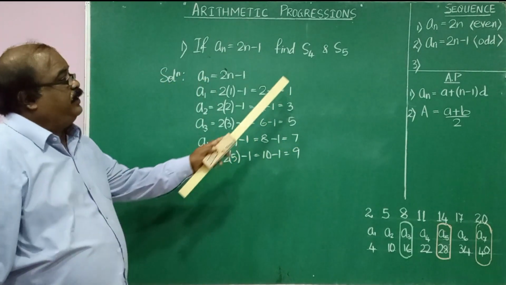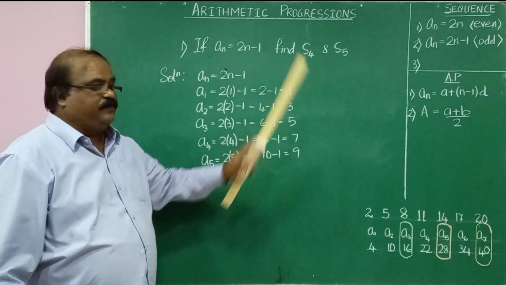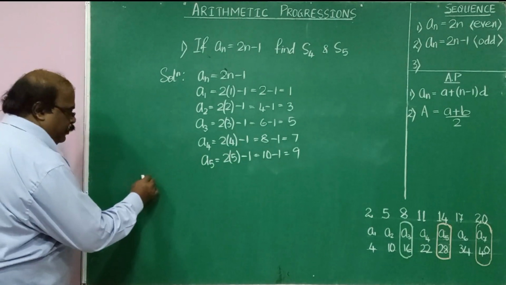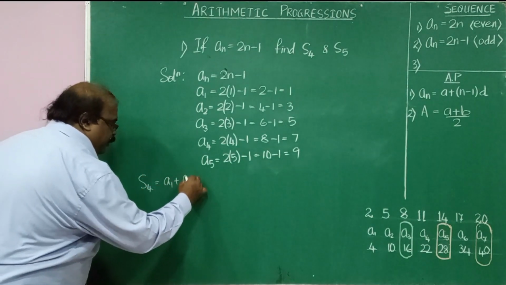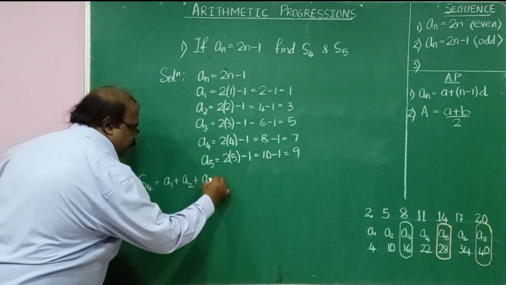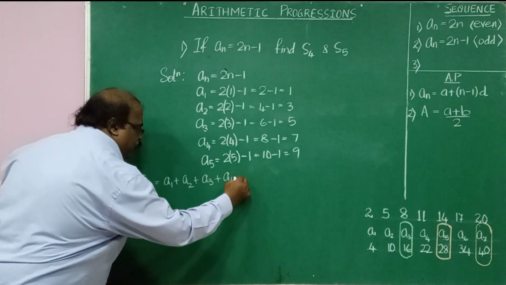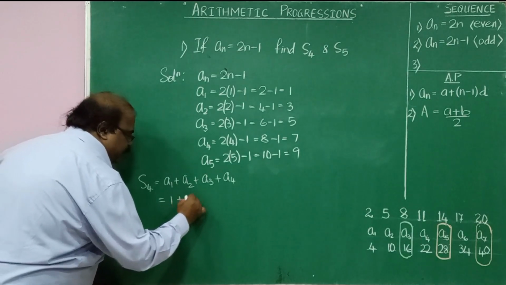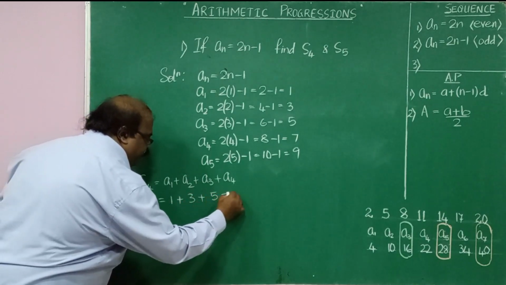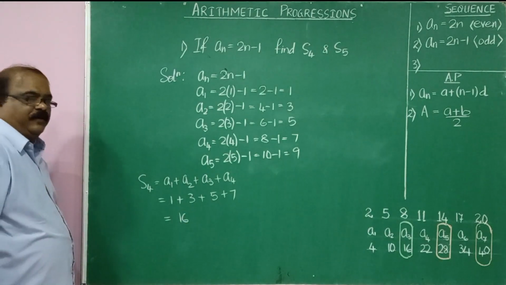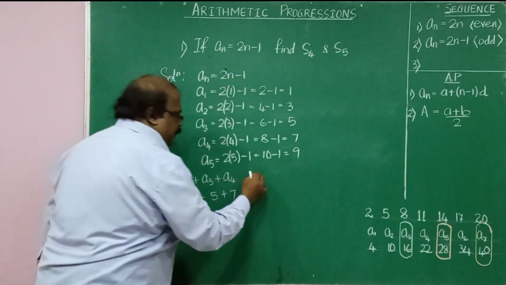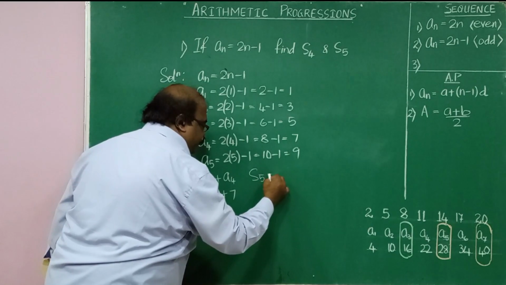I asked you what S4 is and what S5 is. S4 is the sum of the first 4 terms, a1 plus a2 plus a3 plus a4. So you get 1 plus 3 plus 5 plus 7, a sum of 16. I also asked you to calculate the value of S5.